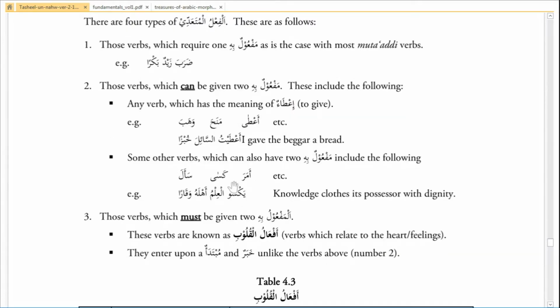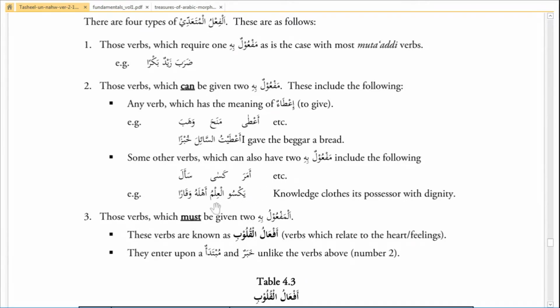Same thing for some other verbs, which need two maf'ul: amara, kasa, sa'ala. As you know, amara is to order, kasa is to wear, sa'ala is to ask.